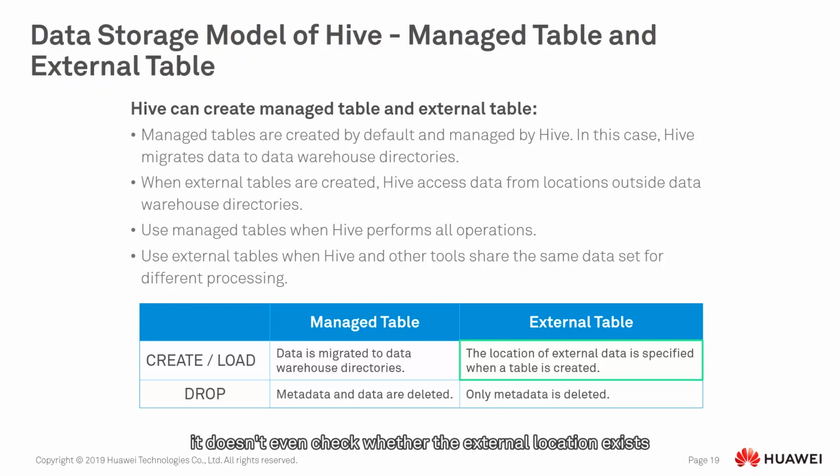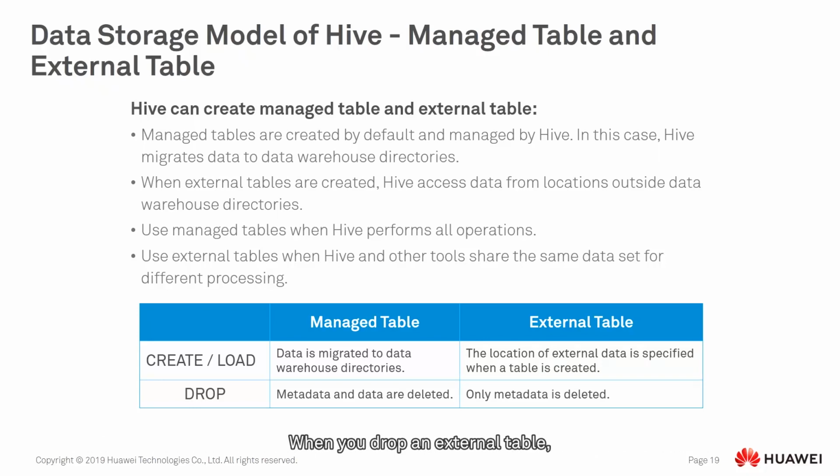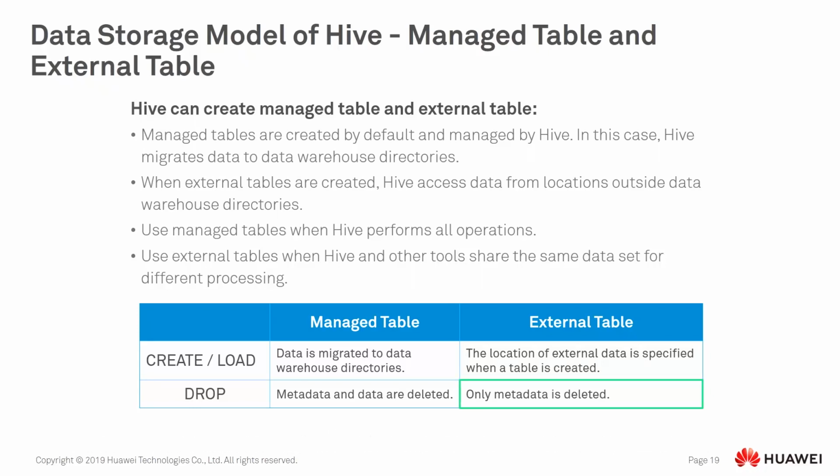Indeed, it doesn't even check whether the external location exists at the time it's defined. It's a useful feature because it means you can create the data lazily after creating the table. When you drop an external table, Hive will leave the data untouched and only delete the metadata.